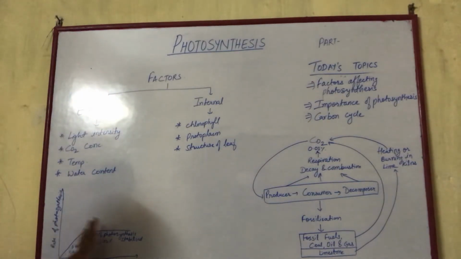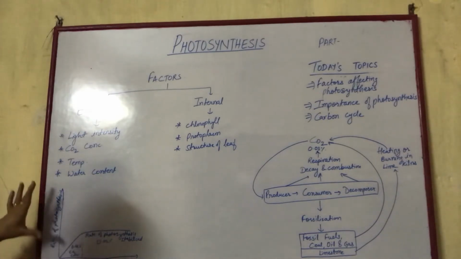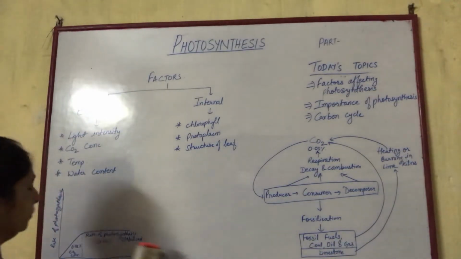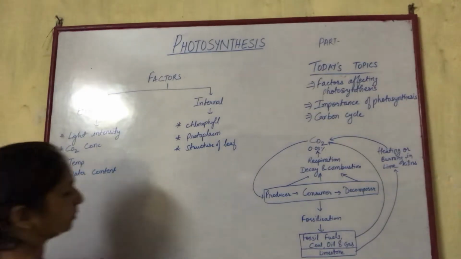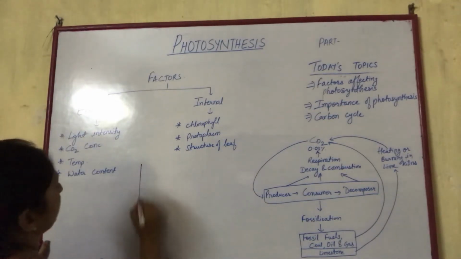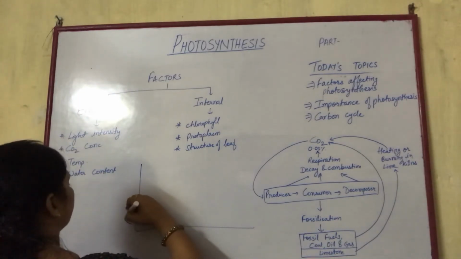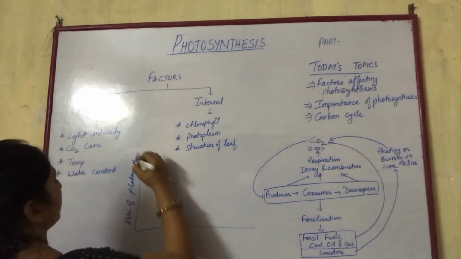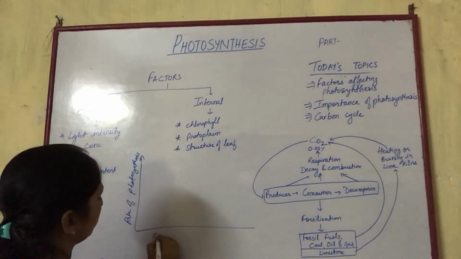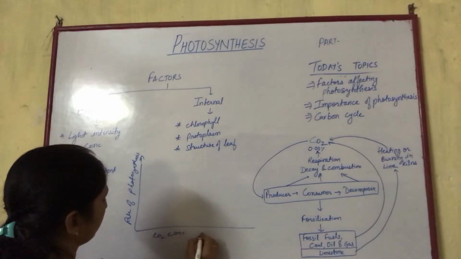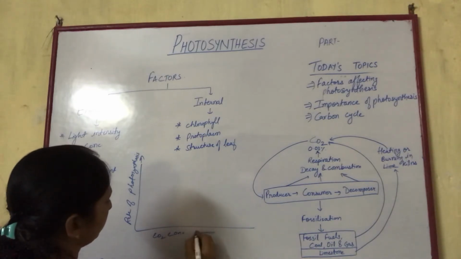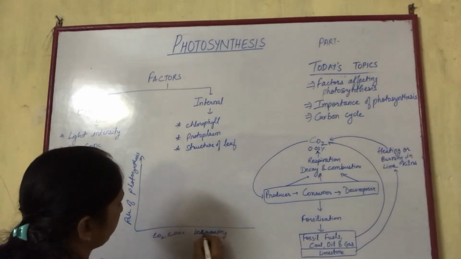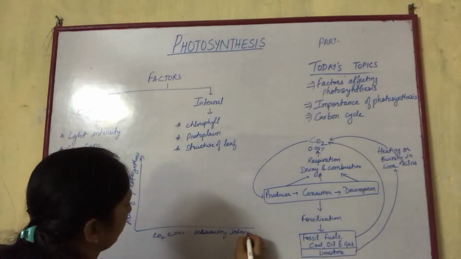Here a graph is plotted of the rate of photosynthesis against CO2 concentration, with increasing intensity of light.